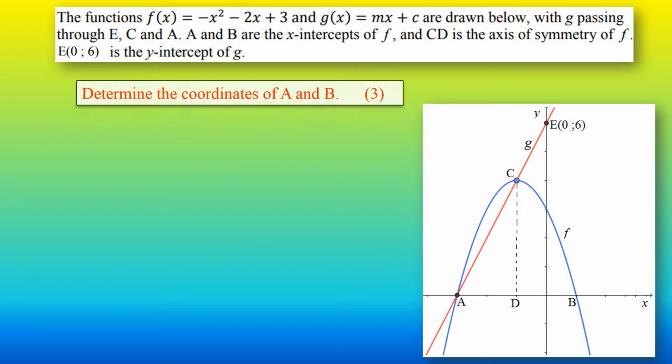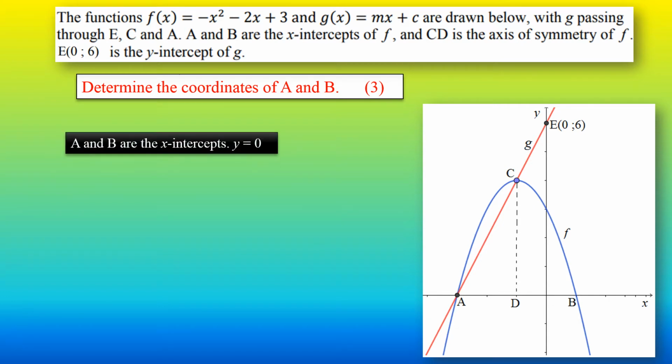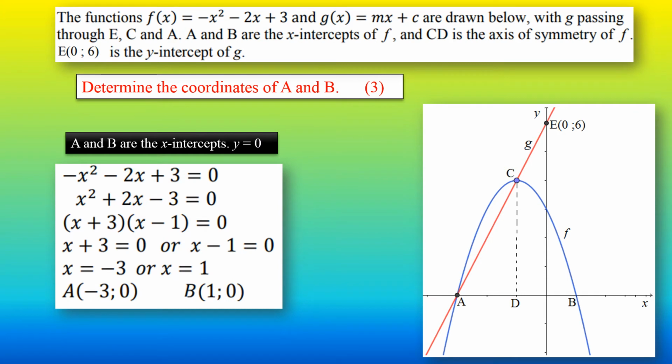Same diagram again. Determine the coordinates of A and B. What is A and B? A and B, we can see from the diagram, they are the x-intercepts. For the x-intercepts, we substitute y equal to 0. Therefore, we get the equation minus x square minus 2x plus 3 equal to 0.